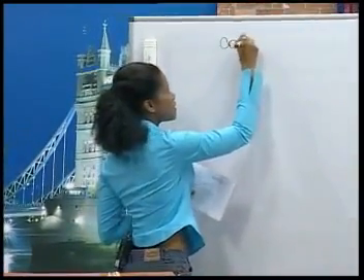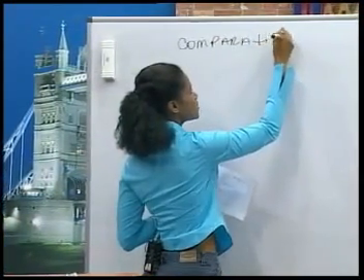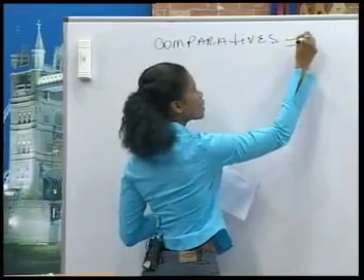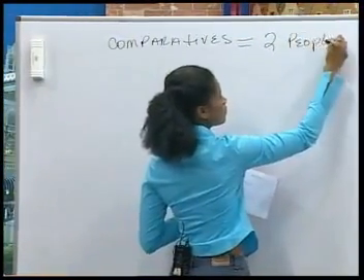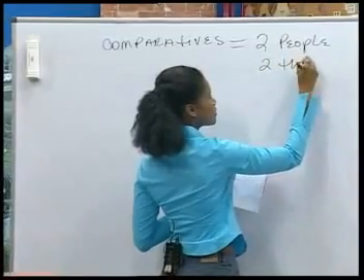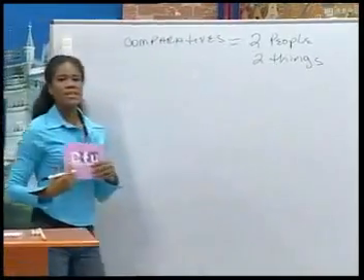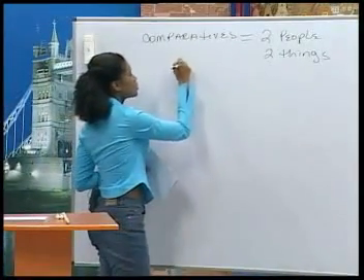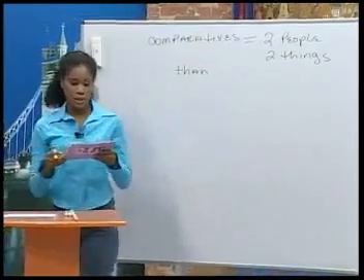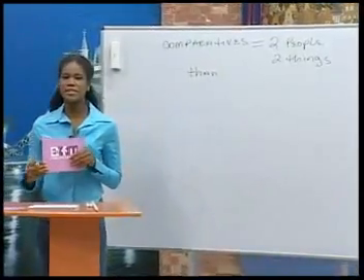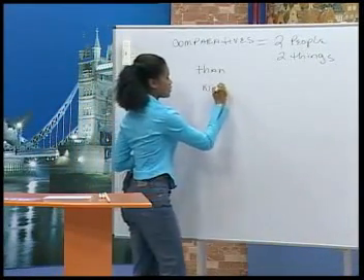So comparatives are adjectives that are used to compare two people or two things. And the word than usually comes after the comparative form. To make a negative sentence, we use not before the adjective.